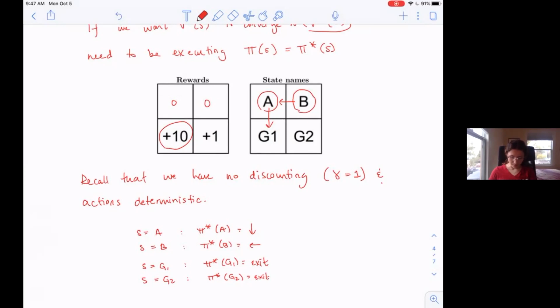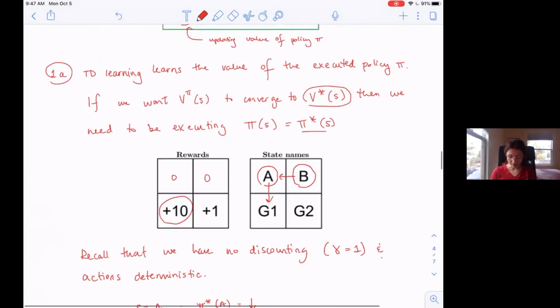So now we know what this pi star is, and we know that if we're executing this pi star, then when we run temporal difference learning, the values that we're learning of the policy will converge to the true values of the optimal policy.